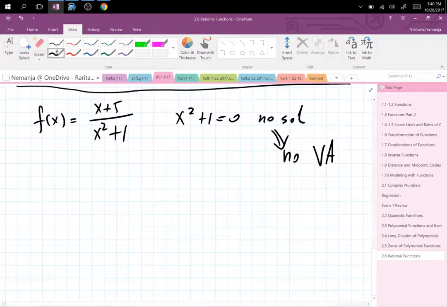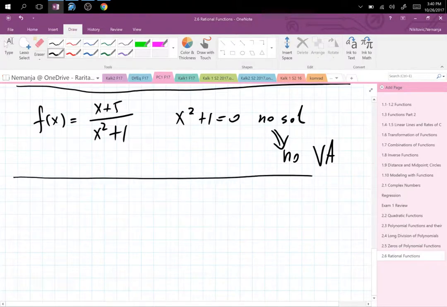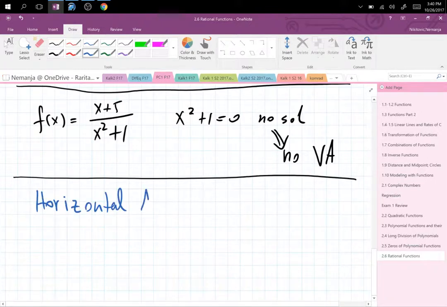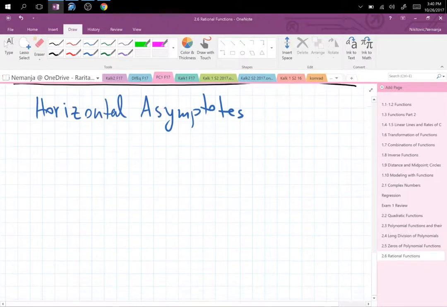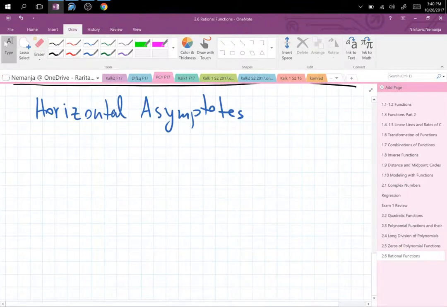Now, we define horizontal asymptotes. Horizontal asymptotes are horizontal lines which functions have to obey at infinities.